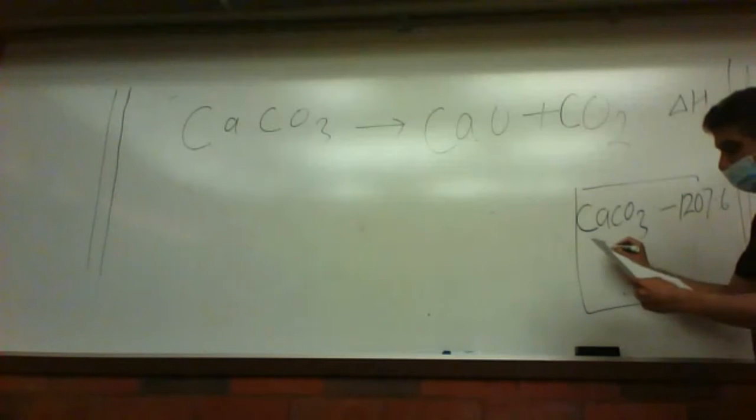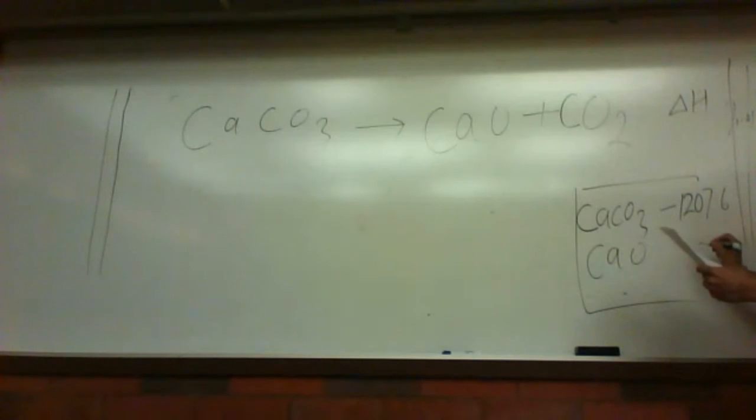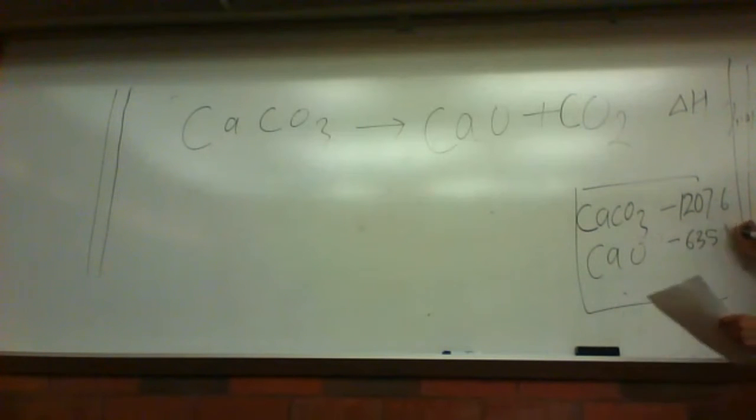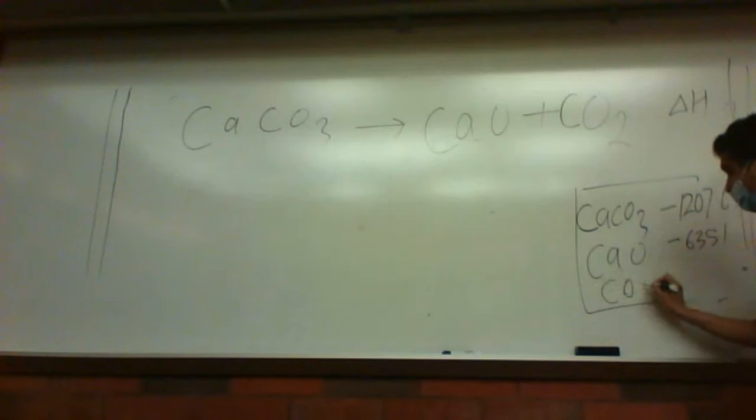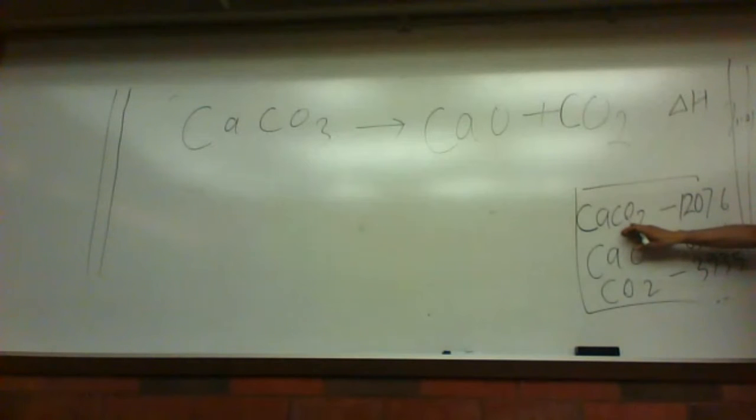If you want to make calcium oxide, it is minus 635.1 kilojoule per mole. And if you want to make carbon dioxide, it is minus 393.5 kilojoule per mole.